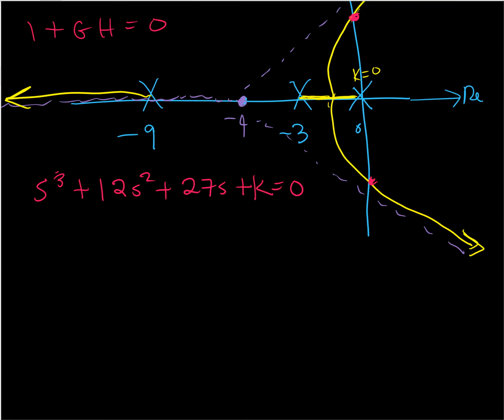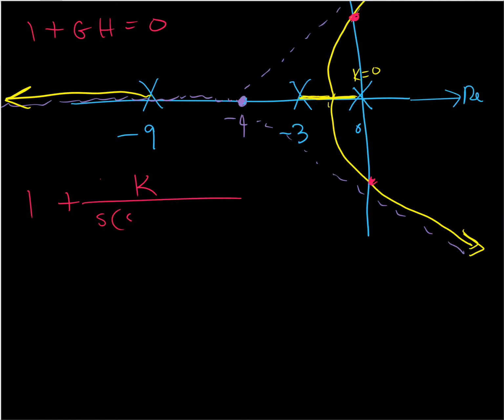And actually, let me work that out for you. I'll erase this. Let's start at the beginning here. So that gives me 1 plus k over s times s plus 3 times s plus 9 equal to 0.